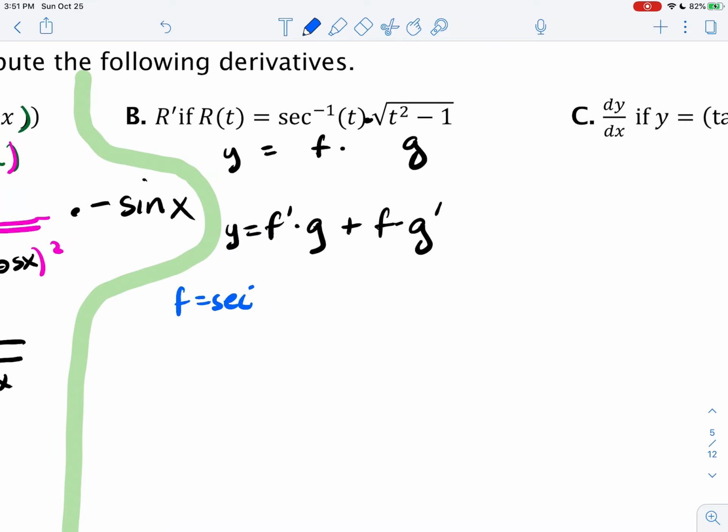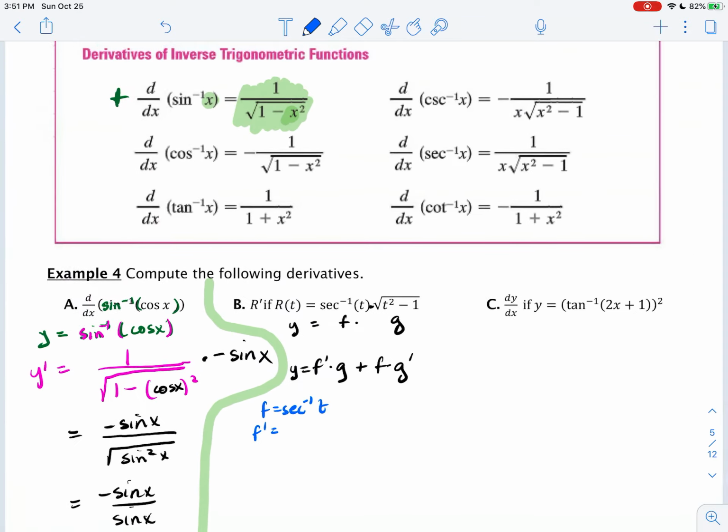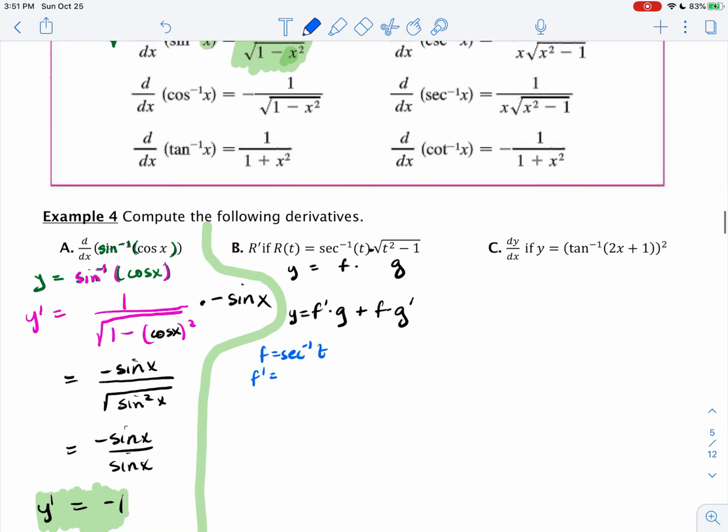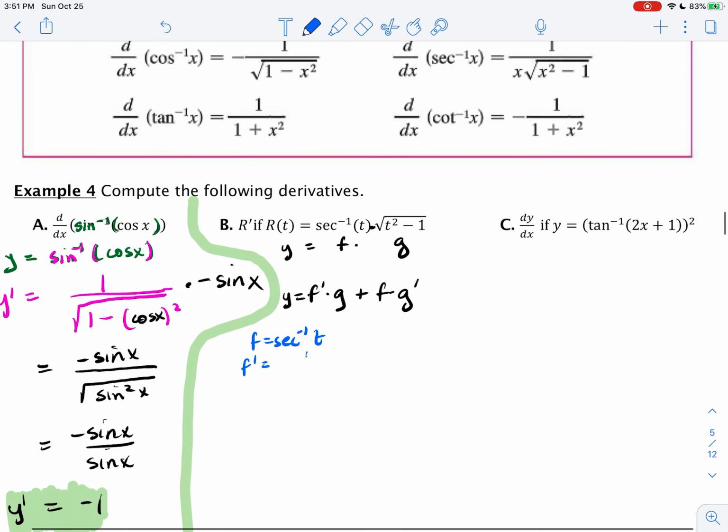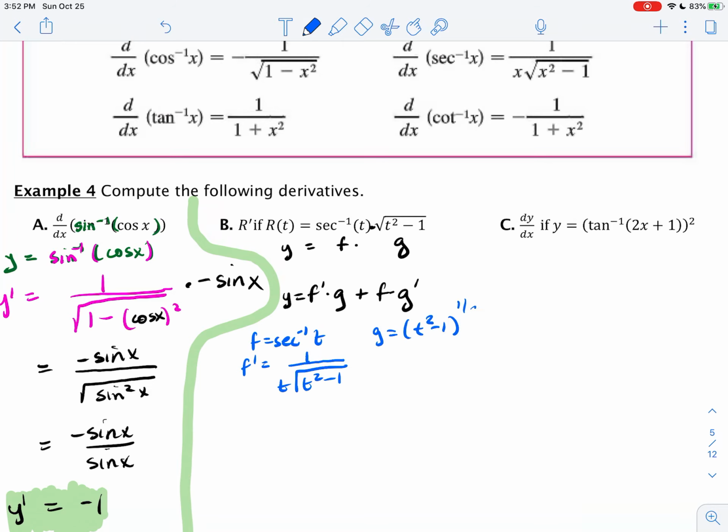If I make a little table here, if I've got f equal to inverse secant of t, then f prime, going up to my inverse secant derivative, is going to be 1 over x times the square root of x squared minus 1. So this is going to be 1 over t times the square root of t squared minus 1.